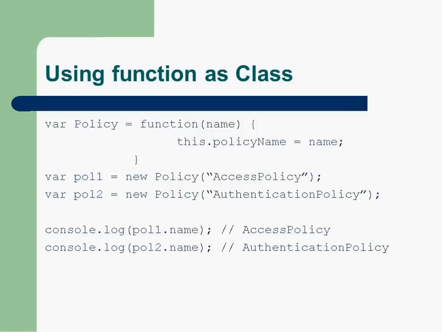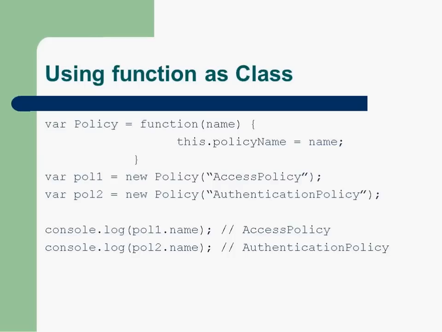Now let's talk about how we can use functions as classes. You can define a function, and inside the function you can use the 'this' variable, which will always point to the current object scope.